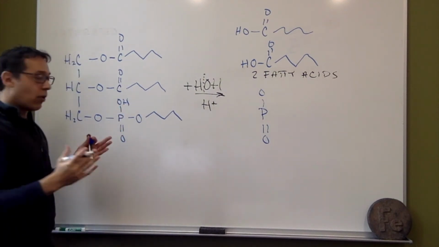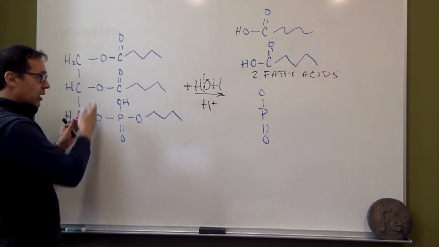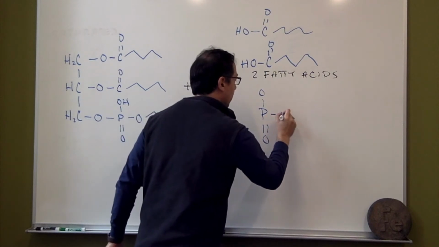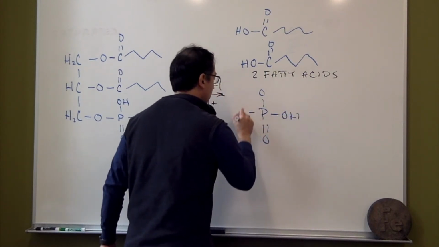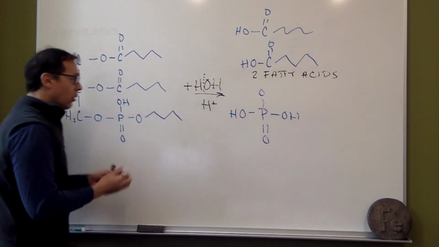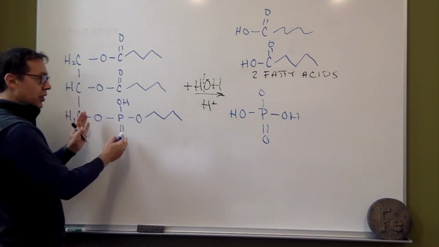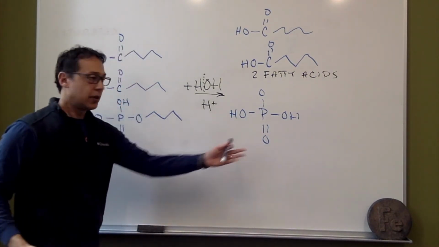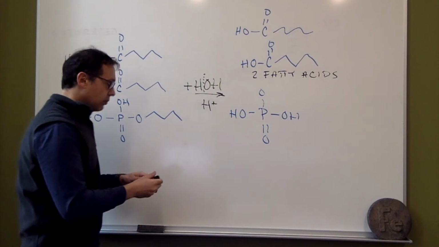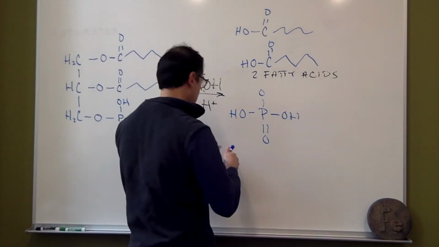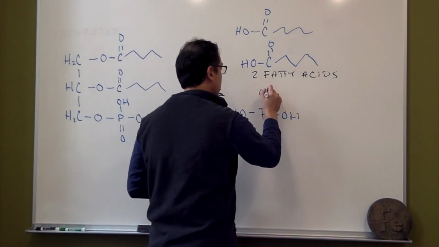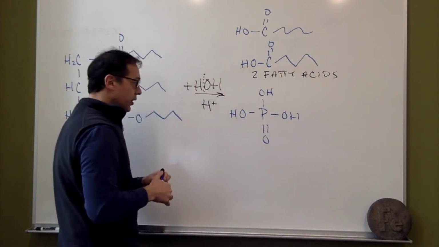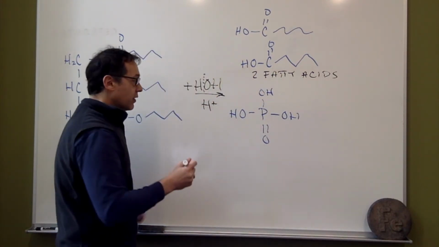And then we're adding water to it, so we're going to break apart this bond here, and we'll end up with OH and OH like this. What we'll end up doing is breaking these bonds here, and then we end up with this molecule here. Now, I think I'm missing an OH up here, an OH here. Okay, and so this right here becomes phosphoric acid.